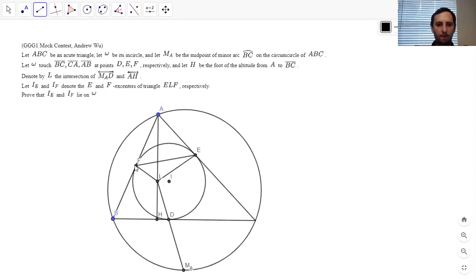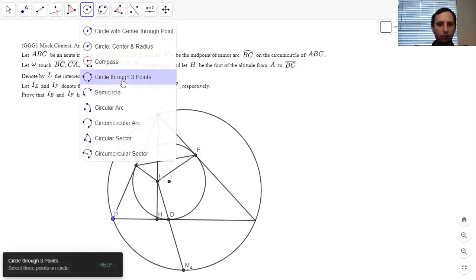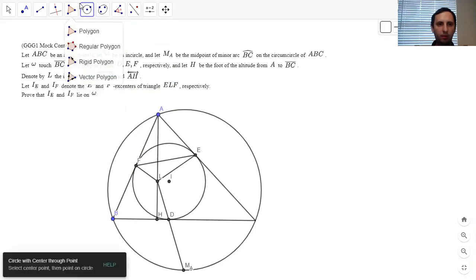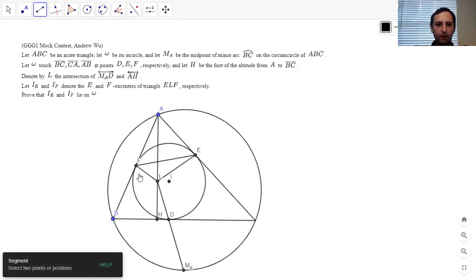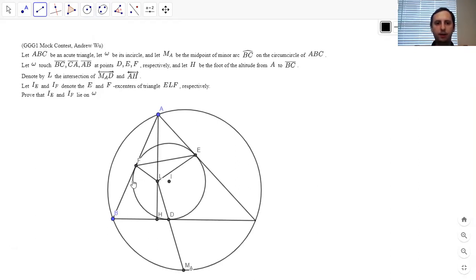Interesting. So let's check that it's true. Maybe what I could do is I could take the angle bisector of FEL and I could let it meet the incircle. And then I could try to show that that is the X center. I think that might be a good way to do it, right?